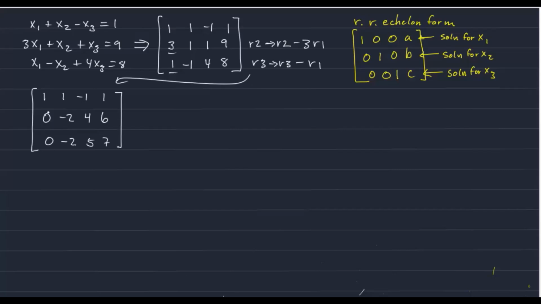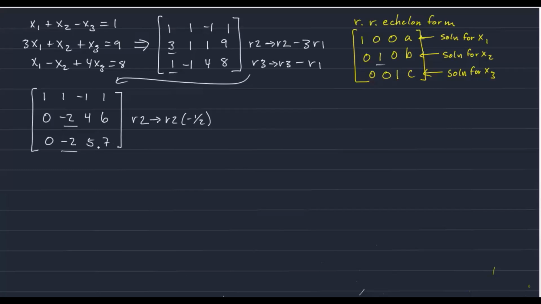Okay, so we've made the bottom 2 entries of column 1 zeros, and now we need to get this lead 1. Let's divide row 2 by minus 1/2, or multiply by minus 2. And let's make this a 0.